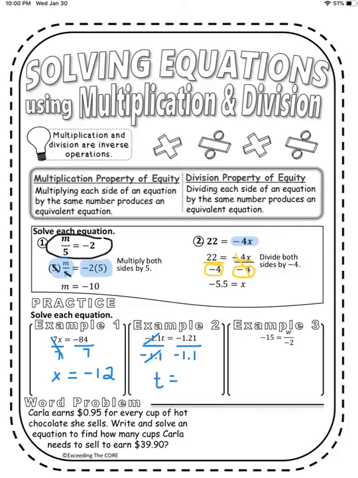A negative divided by a negative is a positive, and 1.21 divided by 1.1 is 1.1. Done.